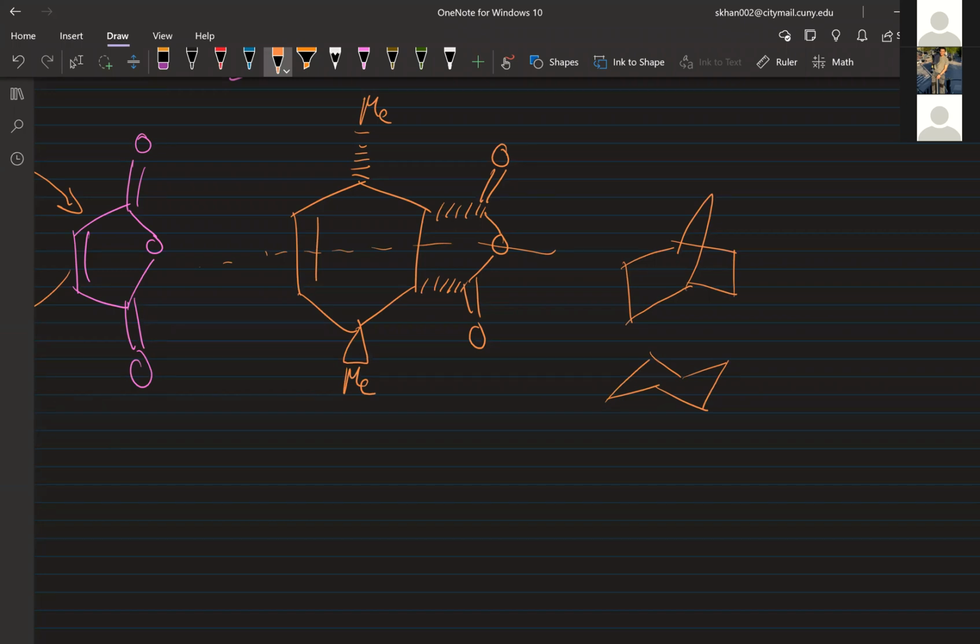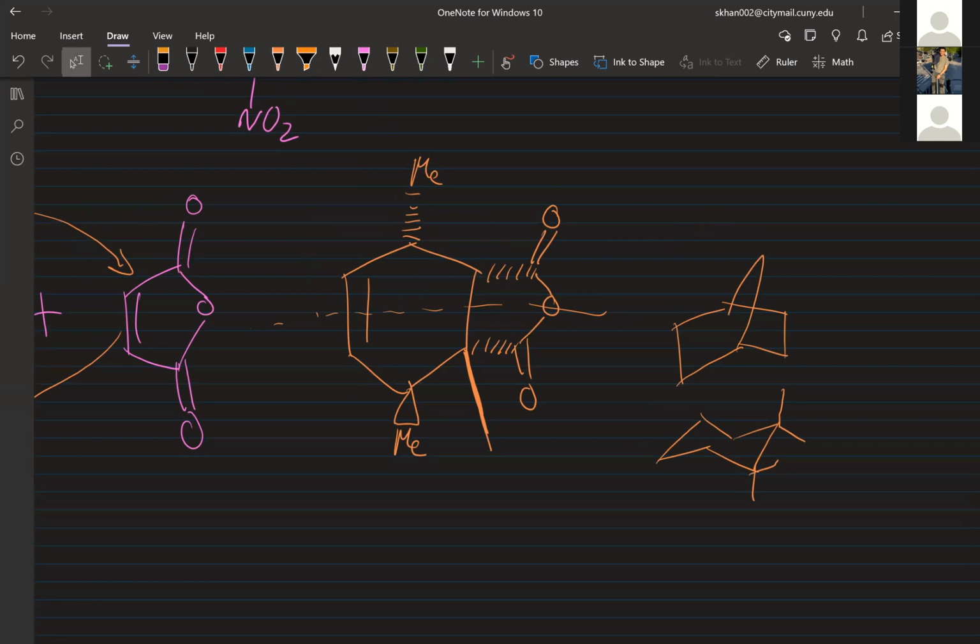I get what you're trying to do, but don't do that, because he's not going to know whether you're trying to do that or not, since it's all 2D technically. Oh, whoops, that's right. Thank you for clarifying. Yeah, so in 2D, always show the wedges and dashes. In 3D, you don't have to show it, because it's in 3D, right?